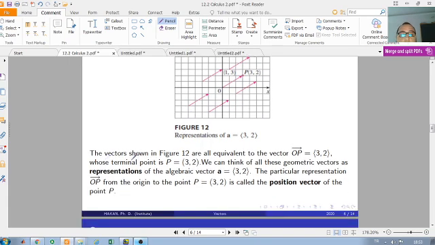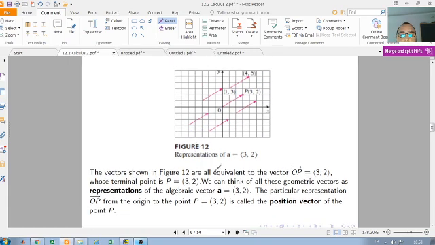Okay, so the vectors shown in this figure are all equivalent to the vector from the origin to the point P. Namely, we move the vector from the origin to the point P, which is the terminal point, to here, or this one. They are equal to the same vector, which is the vector from the origin to the point P in the two-dimensional coordinate system.